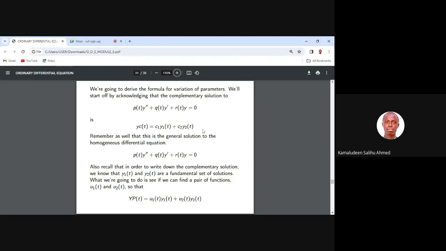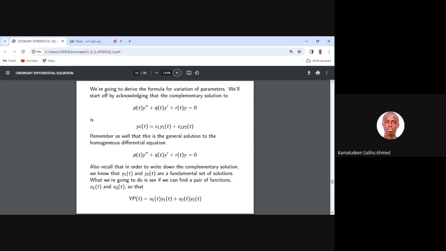In our previous class, module 4, I proved something like this, with your y1 and y2. So we agree that number one, it is a homogeneous differential equation, and number two, this is the general solution to the homogeneous differential equation.